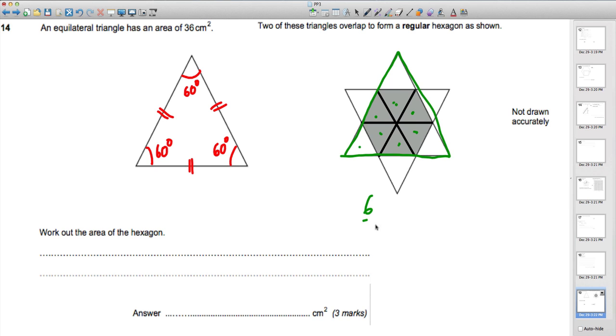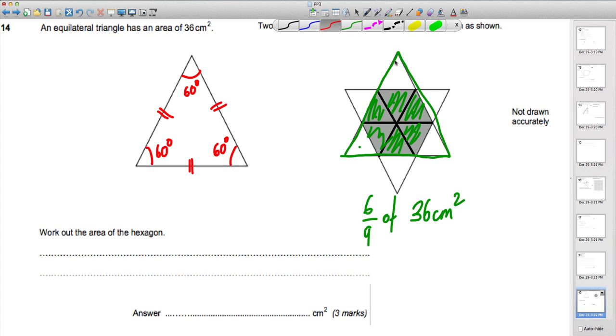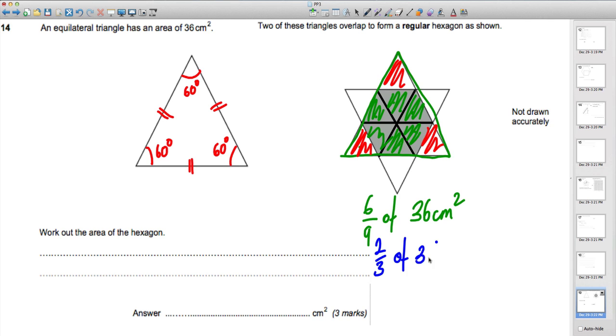We want 6/9 of the 36 centimeters squared, because we want 6 out of the 9 squares to work out the shaded area. So 6/9 of that is the same as 2/3 of 36, and 2/3 of 36 is 36 divided by 3, which is 12, times 2, you get 24 centimeters squared. I think that's the easiest way to work a problem like this out.